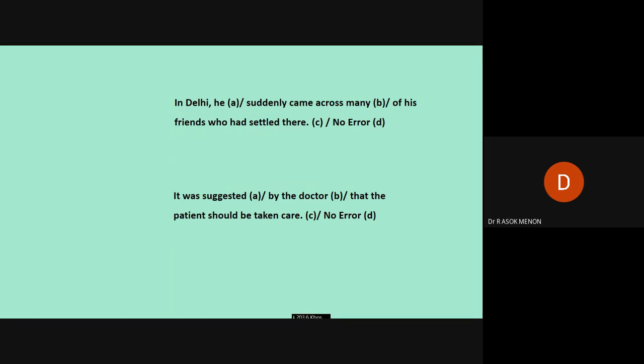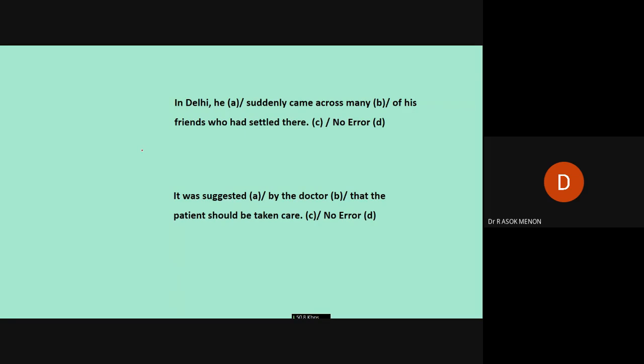Listen, when we compare two past actions, the first occurred action should be mentioned in the past perfect tense. So here, friends who had settled there, they had settled before he met them. So this sentence is absolutely correct. Let me explain further.